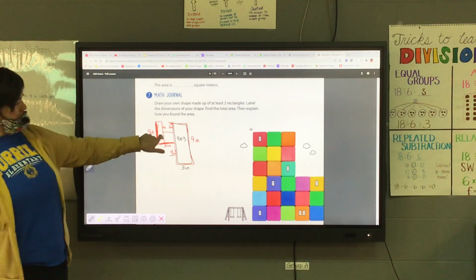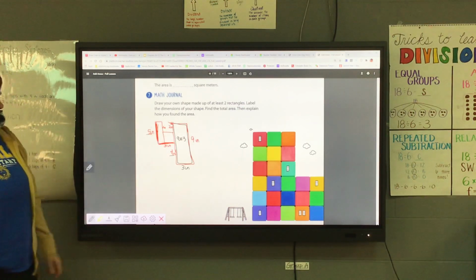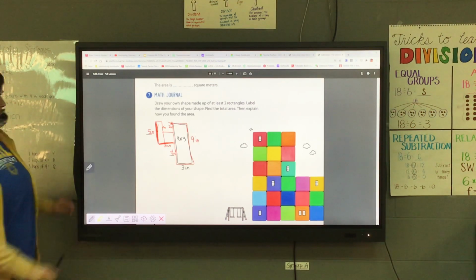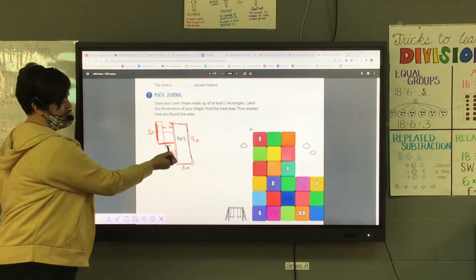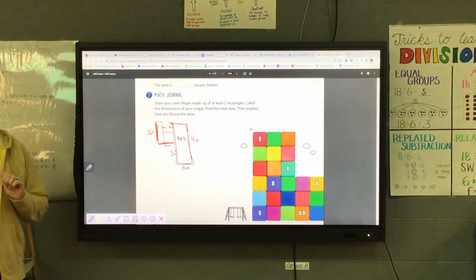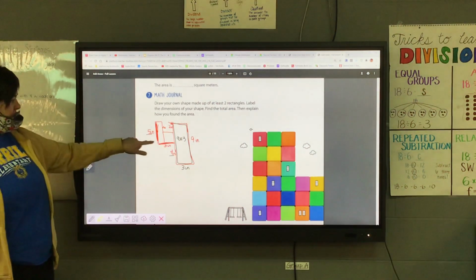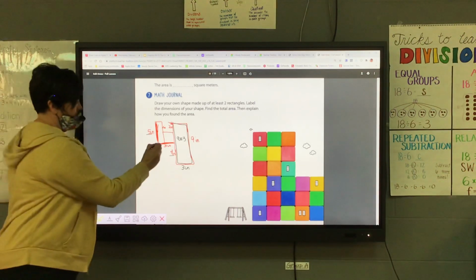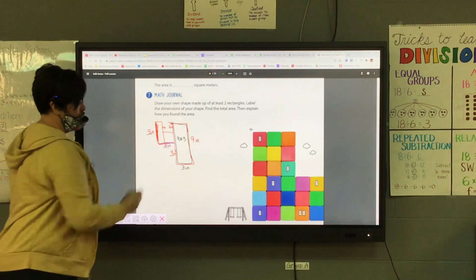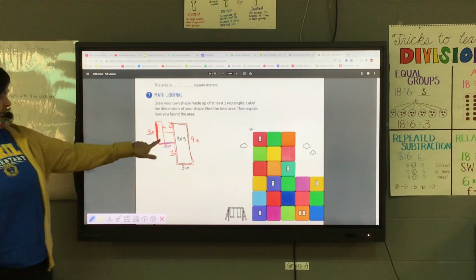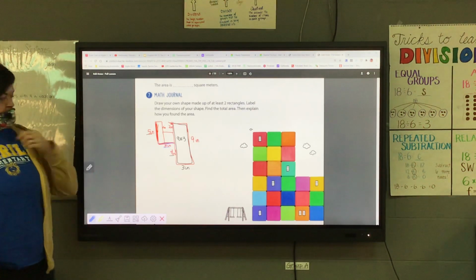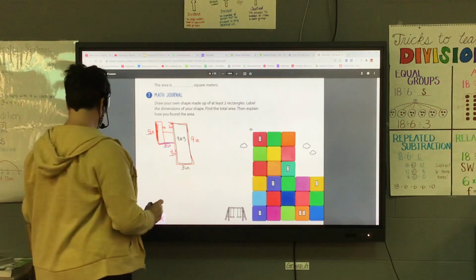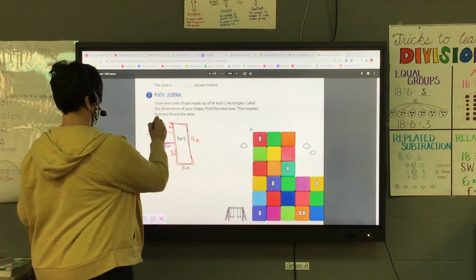What about this little squarish one in the middle? Not quite a square. Is it going to be 3 times something? No, because this is 3 all the way across. See that? This is the 3 inches. So what would this be? I forgot to label one. Let me label one more to help you out.